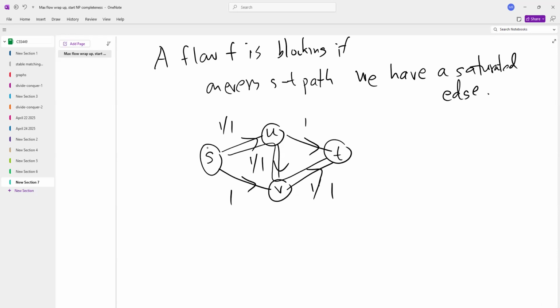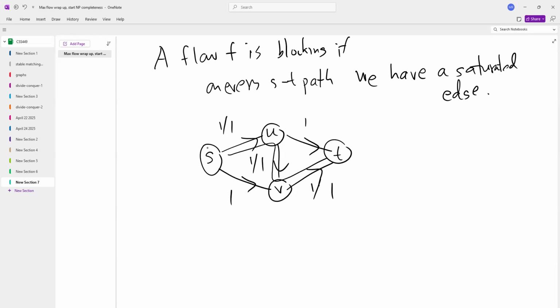The other path is like this one, and then there are no more ST paths. Everything is saturated.